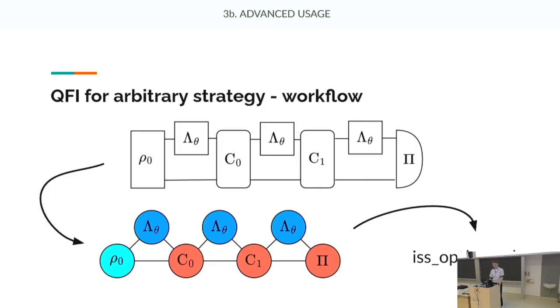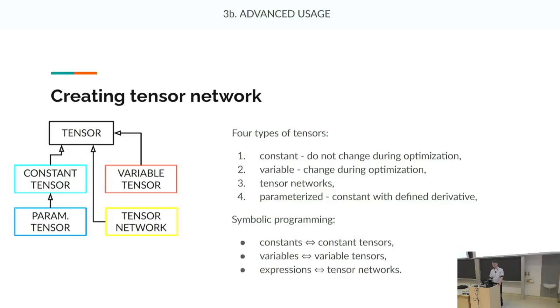Okay, so the biggest mystery is how to create this tensor network. And to do this, QMetro provides, in a sense, a symbolic programming way of defining your strategy, your tensor network.